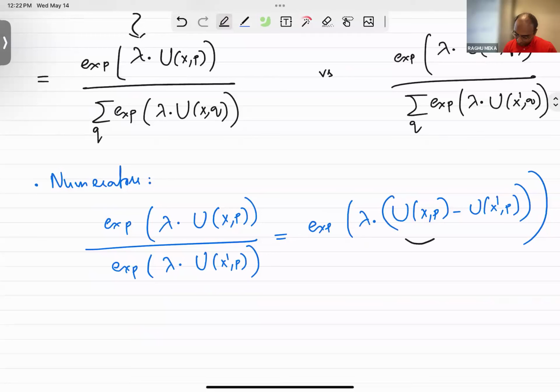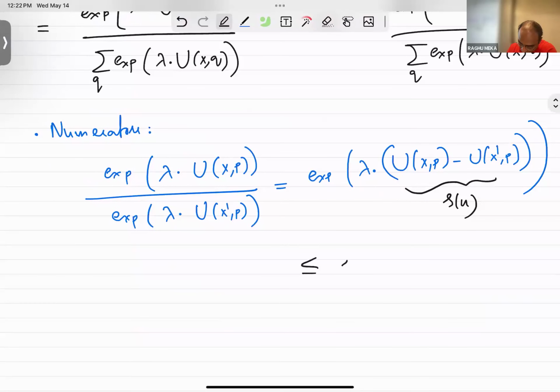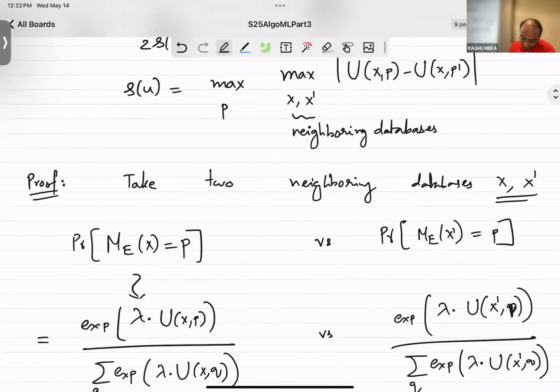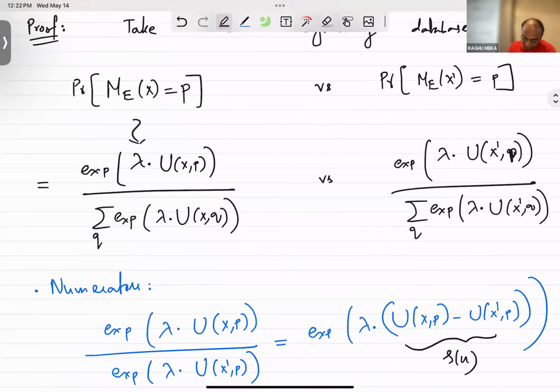But we know this is at most S of u, the sensitivity. X and X prime are two neighboring databases. How much can the utility change when I change one entry? At most, the sensitivity. That was the definition of sensitivity, right? So you get this is at most exp of lambda times S of u. And we set lambda to be epsilon over 2 S of u.